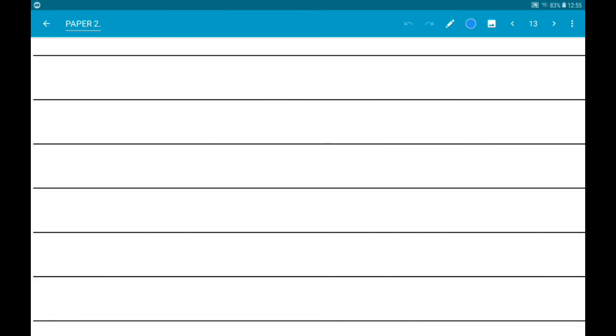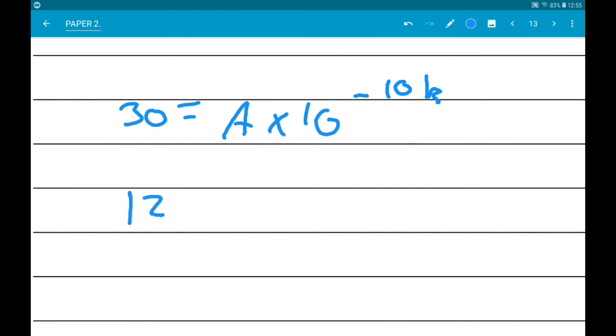So we can say 30 is A times 10 to the minus 10K. And we also know when t is 20, theta is 12. So we can say 12 is A times 10 to the minus 20K.